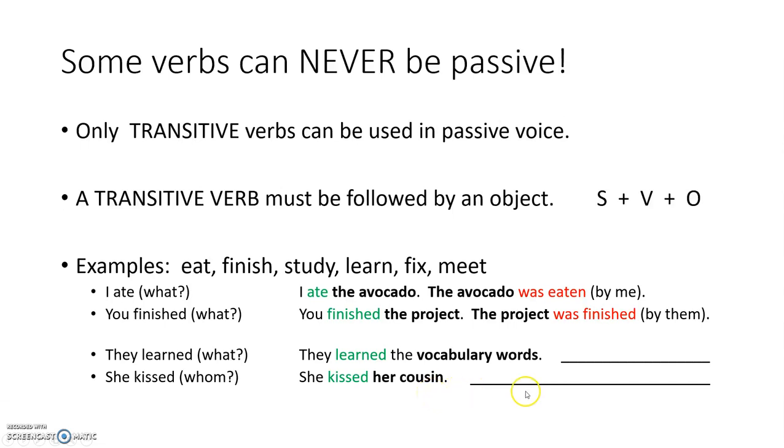Her cousin was kissed by her, right? So if you want to include the agent, and if you're using a pronoun, sometimes the pronoun form changes. So she is a subject pronoun. Over here, that would change to her, by her. Okay, so these are transitive verbs. These can be passive.